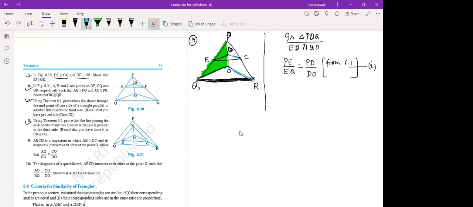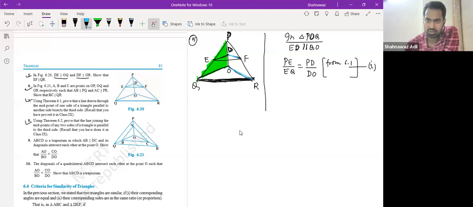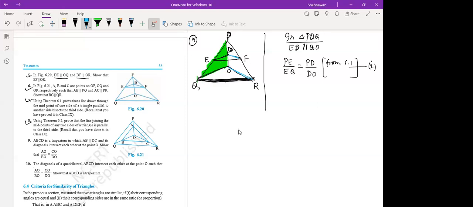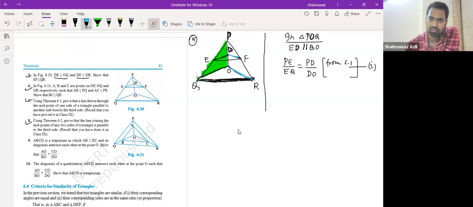Your voice broke, Hashid, in the middle. So what would be the triangle? You can write it in the chat box, Hashid.